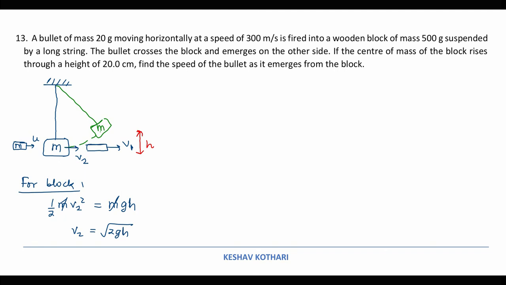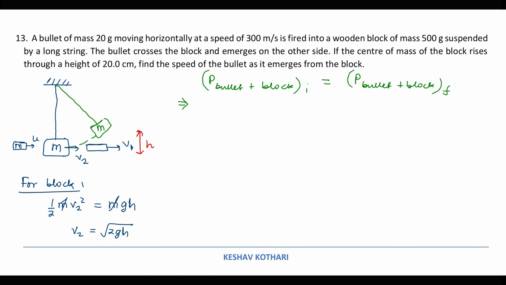Now the next thing which we are doing is applying momentum conservation for the bullet-block system. So the initial momentum for the bullet-block system is equal to the final momentum for the bullet-block system along the x-axis, or along the impact direction where the bullet strikes.